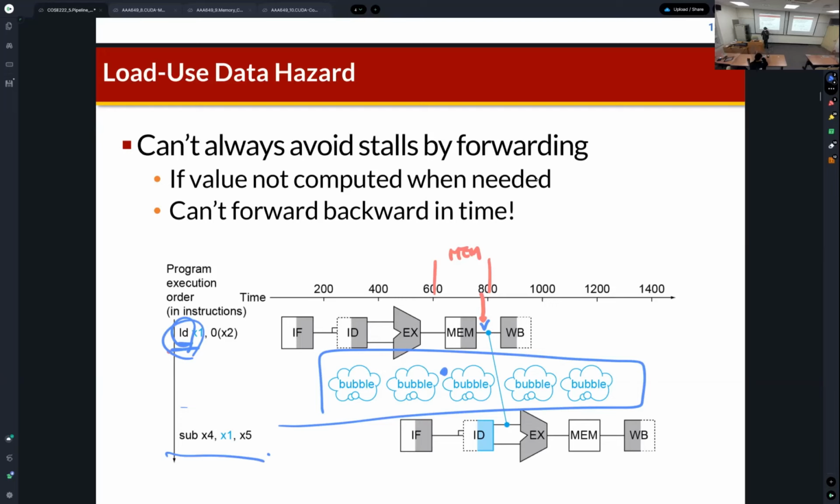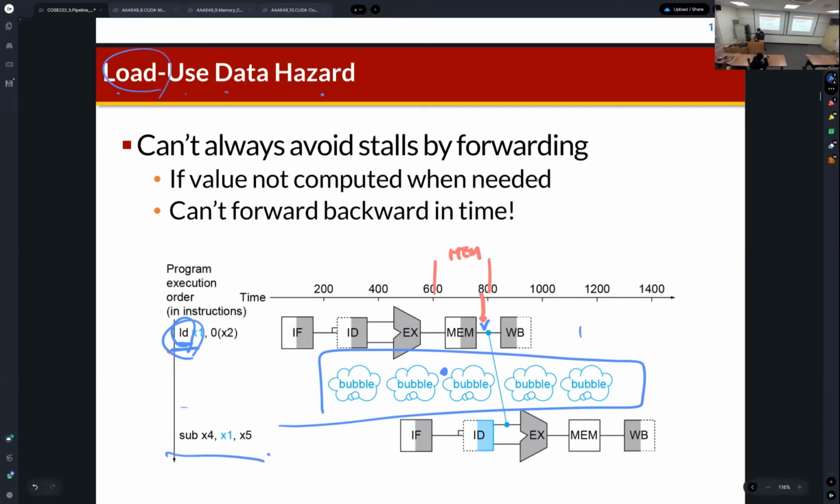So this hazard is called the load-use data hazard, which means that the following instruction requires data from the former load instruction. The pipeline processor cannot avoid this type of hazard.